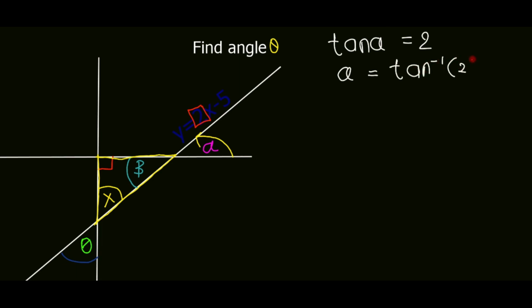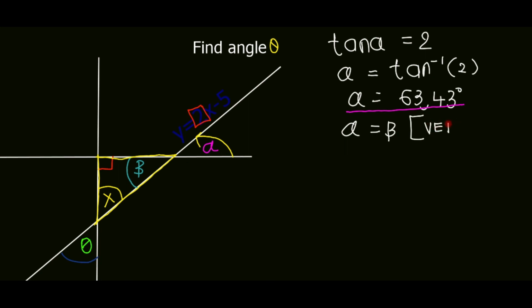shift tan 2, and then the answer is 63.43 degrees. So this is angle alpha, and now I can conclude by saying angle alpha equals angle beta, representing vertically opposite angles.